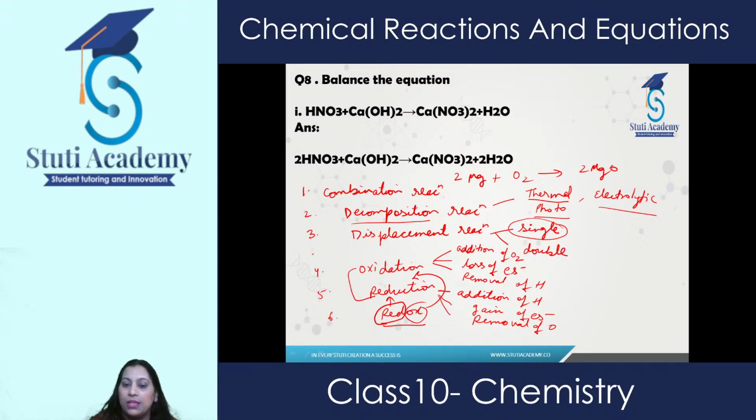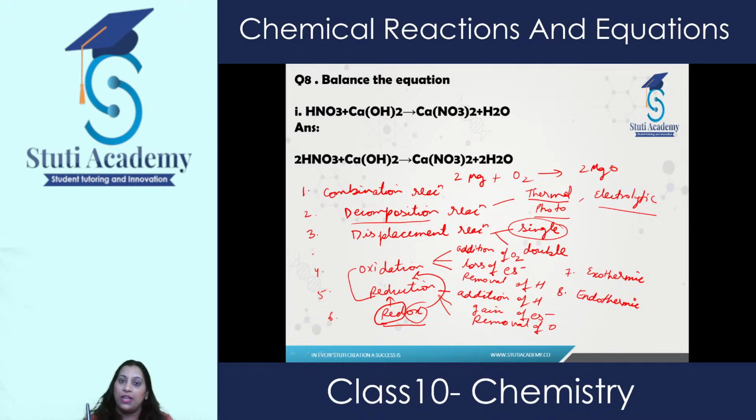Apart from this, we have exothermic reaction, and then we have endothermic reaction. In exothermic, heat is evolved. An example of exothermic is respiration, because when we respire, we release heat. So this kind of reaction is exothermic reaction.